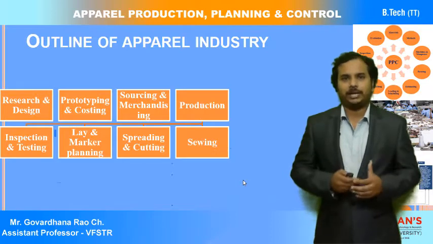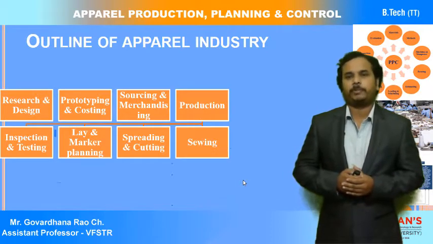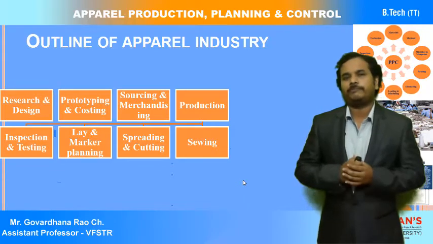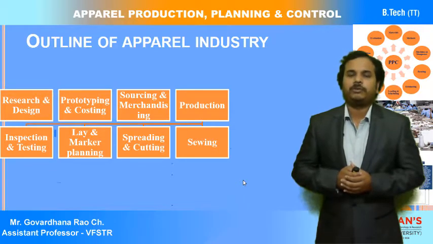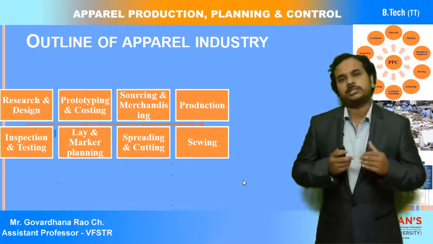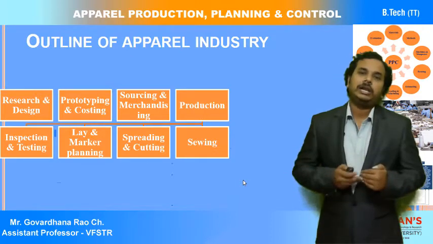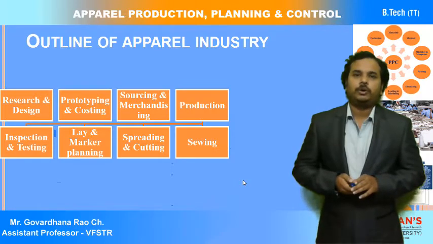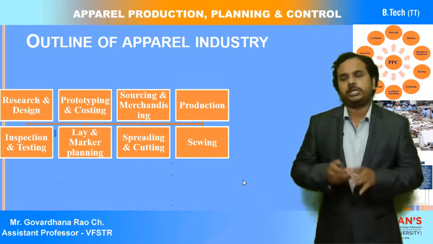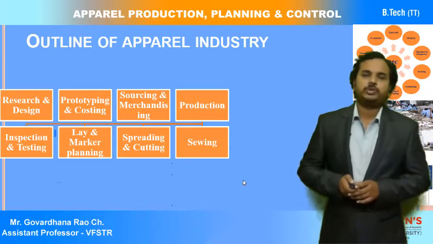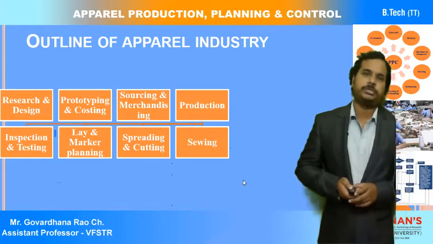They calculate the time required for a particular operation, how many minutes or seconds are going to be taken for each individual operation, as well as the total garment construction from the cut components. These will be seen in the third unit, where the operational breakdown is covered. We will see a few examples in that.